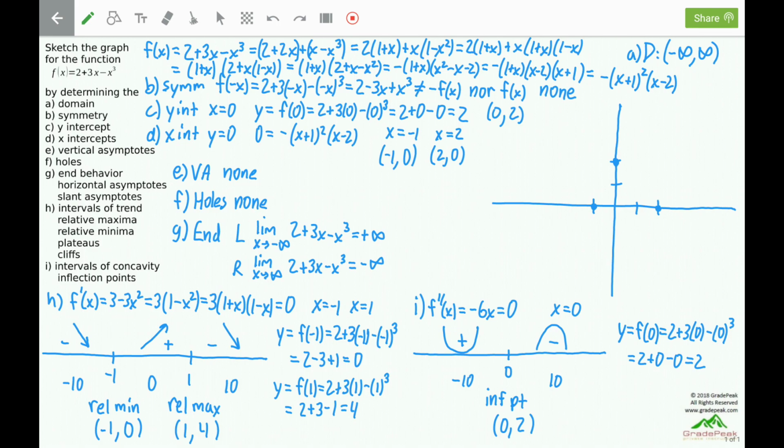We'll want to label each of these. So we have, this one is -1, 0. We have this one as 2, 0.